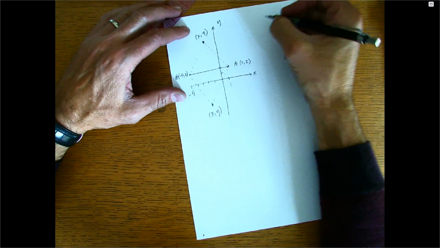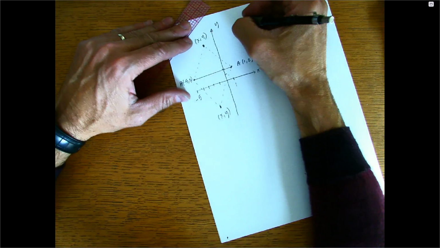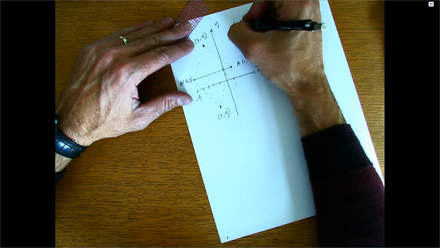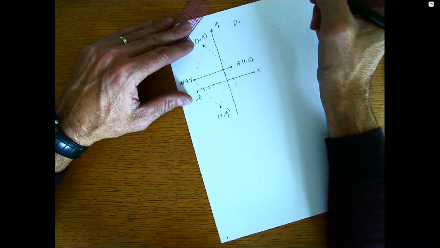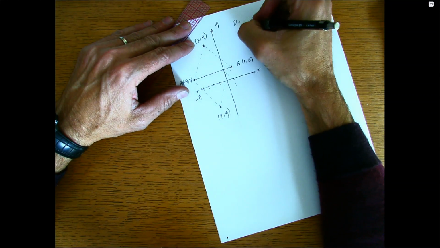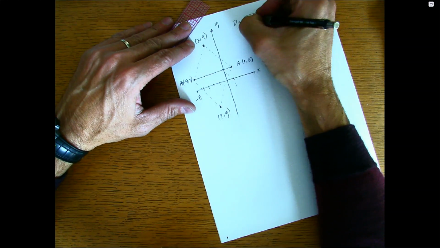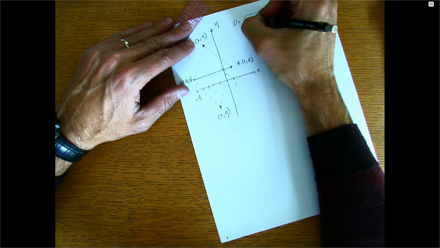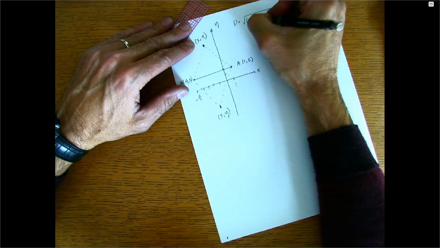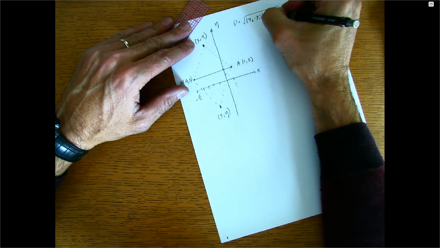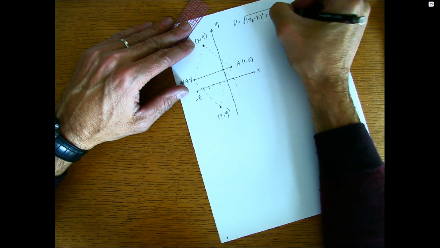One prerequisite to finding the solution here is that you need to know the distance formula if we're going to solve this analytically. The distance formula says the distance between any two points (x1, y1) and (x2, y2) is given by the square root of (x2 minus x1) squared plus (y2 minus y1) squared.